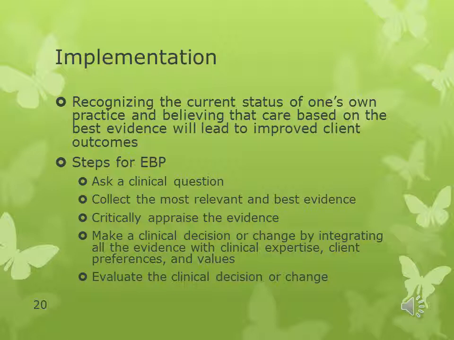So what do we do? We collect all the data, we talk to people, we develop some kind of a clinical question, or there's something that needs to be done. And again, we appraise that evidence, and together with the community members and the interprofessional team, we make decisions on what changes need to be made, how we can integrate those into what we're going to be doing, and then of course we evaluate it at the end.